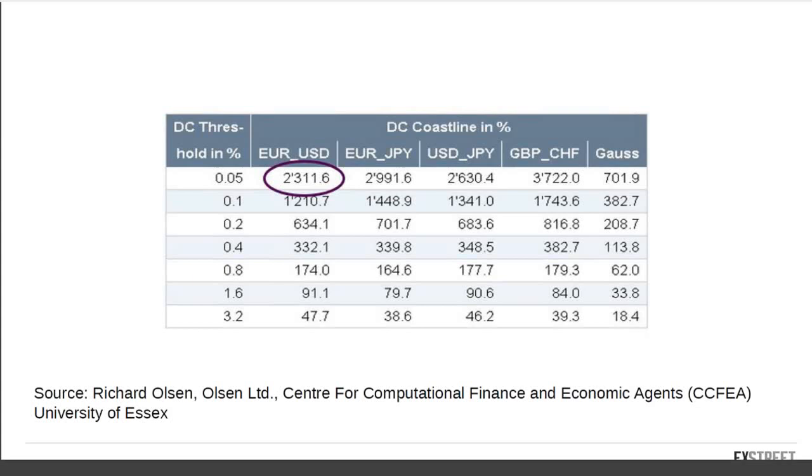So in a year, I could get those 10% only by trying to capture 3% of all the price movements in the euro dollar when measuring in 0.05% thresholds.